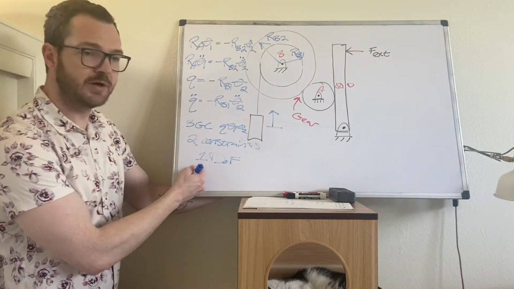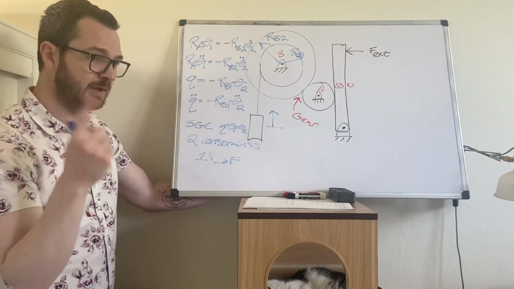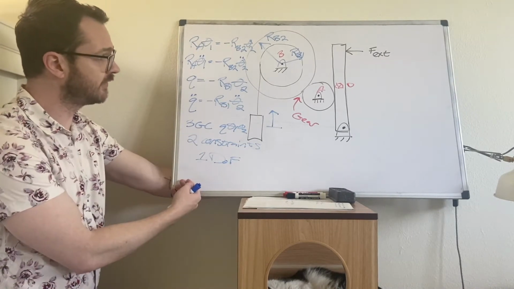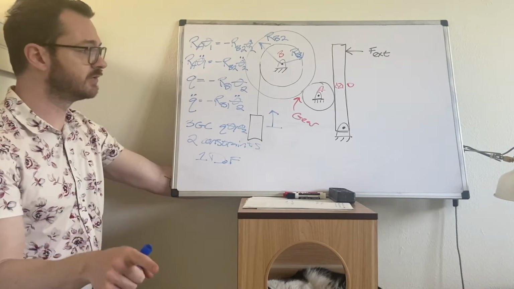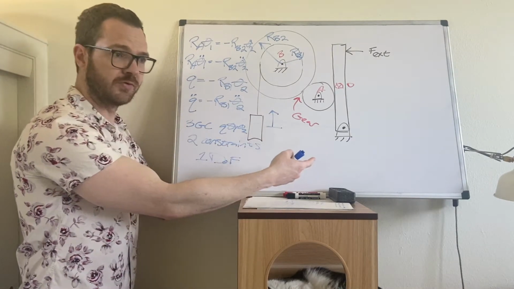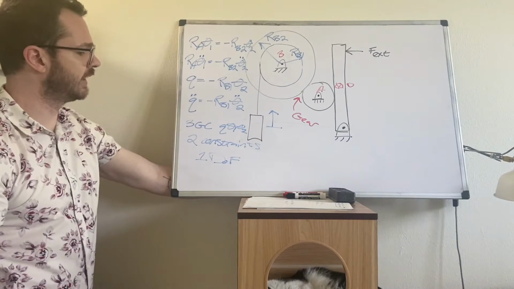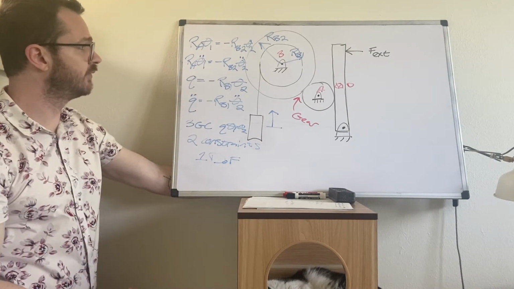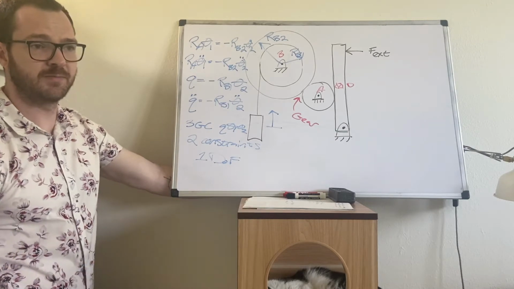With 1 degree of freedom, it means that you will have 1 equation of motion. So we should just go ahead and expect that at the end of this process, we're going to have a single equation of motion that is going to govern the motion of the whole system. Okay, let me clean this up and we can move on now to free body diagrams.